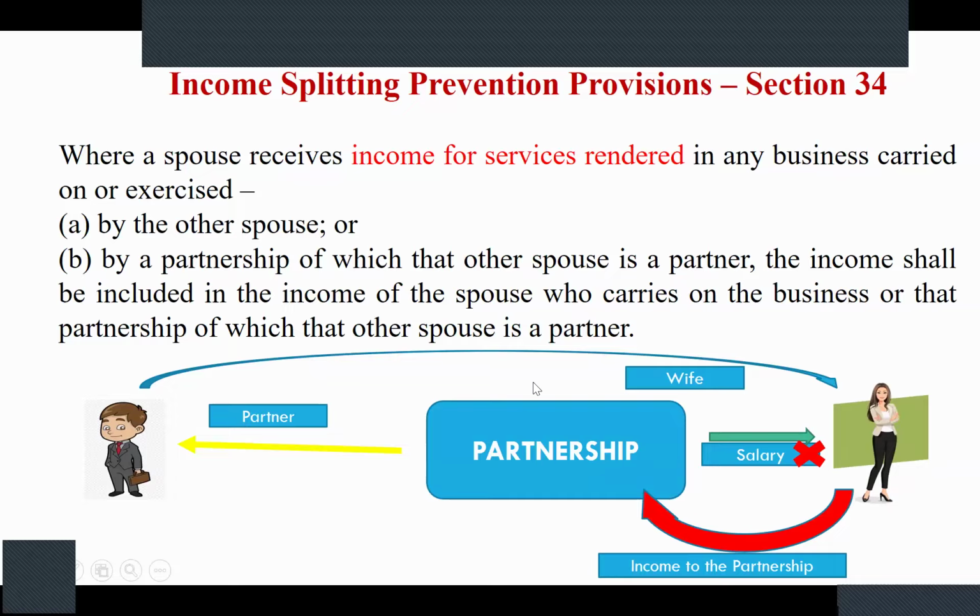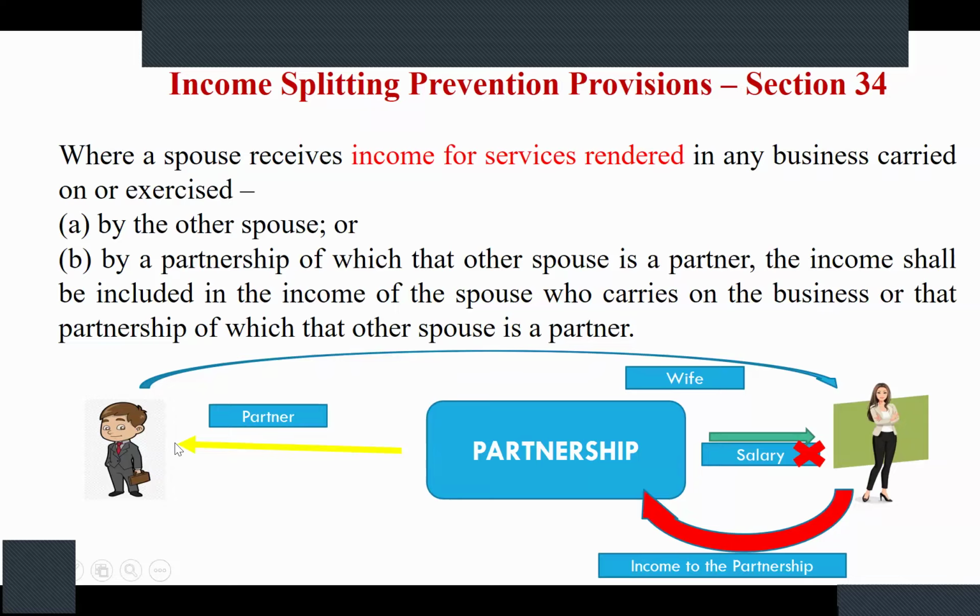So therefore, if there is a partnership and the partner is a husband, even though the wife serves the partnership, the partner can pay salaries to his wife, but that salary should be considered as an income of the partnership of this husband.